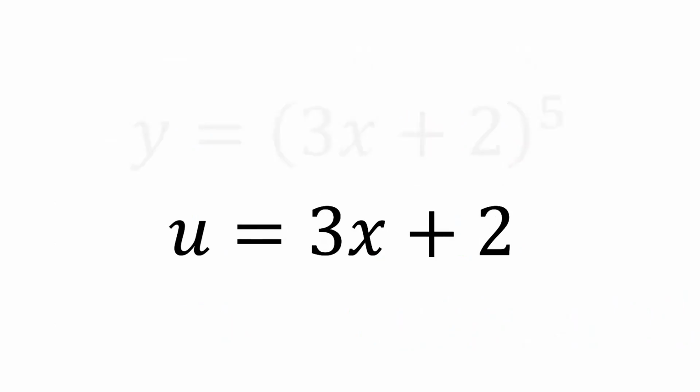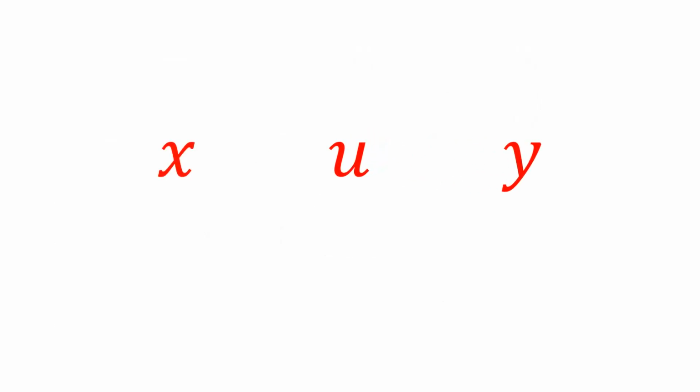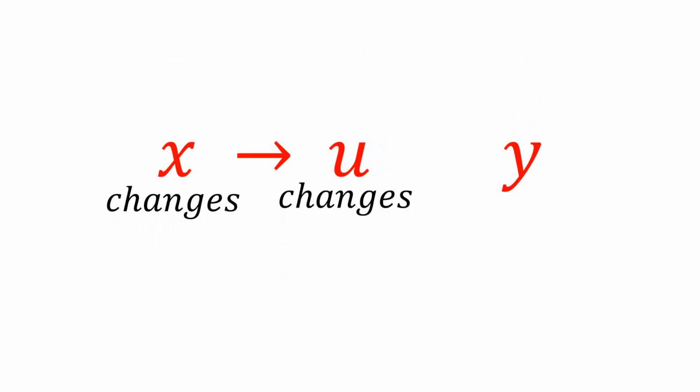So then, okay, we can substitute this by u, and notice how there's a pattern. y equals u something, and then u equals x something, which is basically like this, the cycle, right? When x changes, then u changes consequently, and then when u changes, consequently, y changes. It's like a chain, and that is why it's called the chain rule.